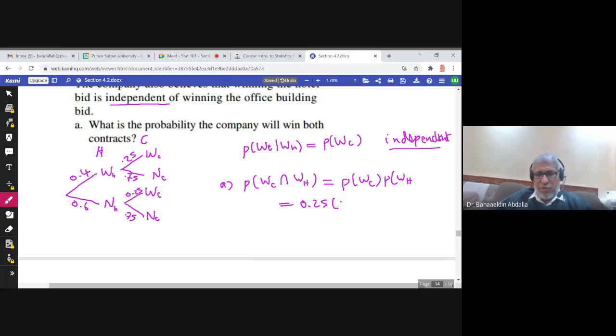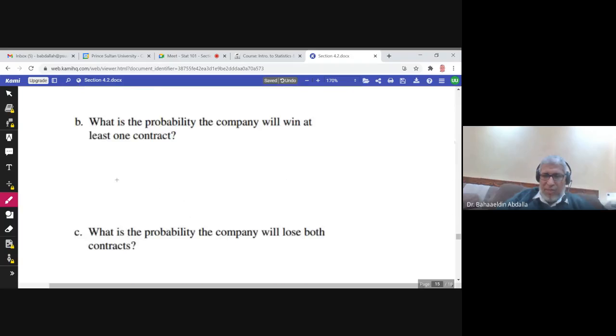The probability of winning H is 0.4. Also, as you remember, we can find the probability of the intersection by multiplying along the tree diagram. So the answer would be 0.25 times 0.4. The answer is 0.1. So this is the probability that the company will win both contracts.